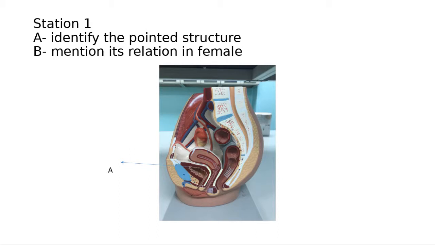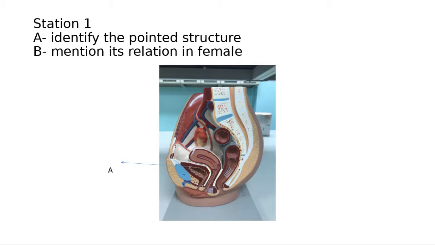The first one is identify the pointed structure, but the question will not be the same. Remember, this is just for a demonstration. After this, don't ask in the exam that it was shown differently in the class. The questions will be different.